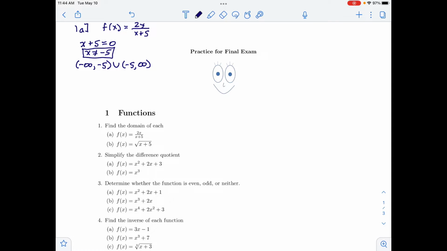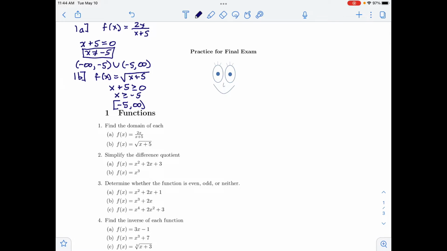So that's part B, 1b, where I want to make sure that the radicand x plus 5 is always greater than or equal to 0. So that means that x has to be greater than or equal to negative 5, and we could write that as negative 5 to infinity.